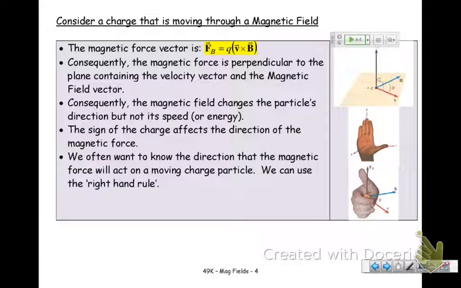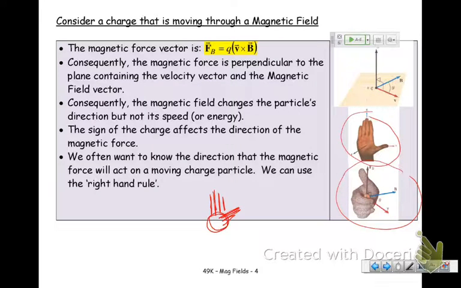Okay, I'm going to tell you about a couple of hand rules. My favorite, frankly, is the bottom one, but most people get taught the middle one first of all. It's a right-hand rule, so I'm sorry, all you lefties have to just get used to it.